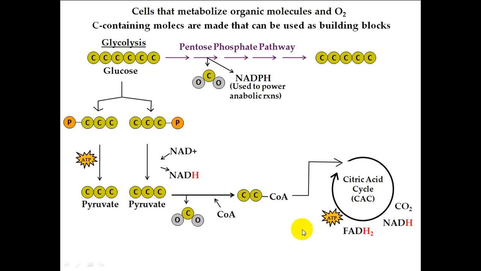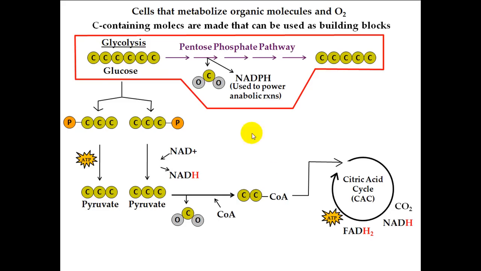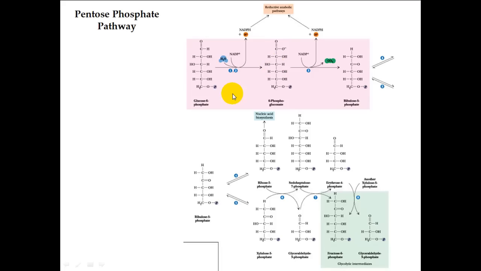Same thing for the citric acid cycle. Or sorry, how about if we take a look at the pentose phosphate pathway first? Same thing with the pentose phosphate pathway. If you take a look at the actual individual steps that occur during this pathway, you'll see that there's a whole bunch of molecules that end up being produced.